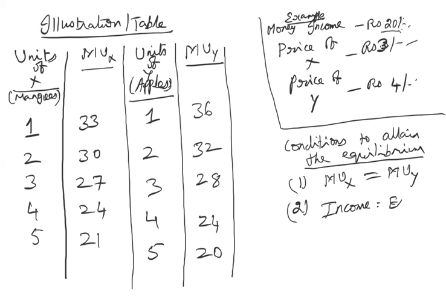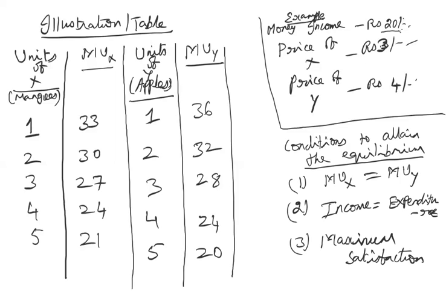For the sake of convenience, I said the entire money income is spent on commodity X and commodity Y. That means the entire 20 rupees has to be distributed between apples and mangoes. And the third one is that he has to get the position of maximum satisfaction.